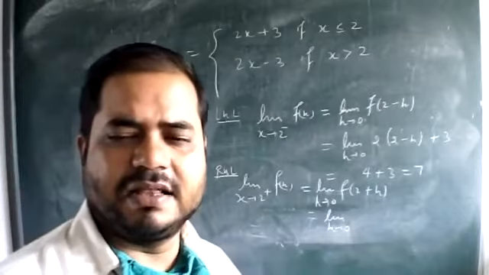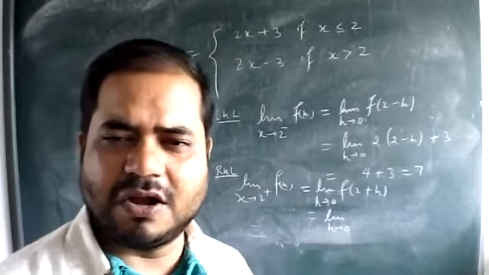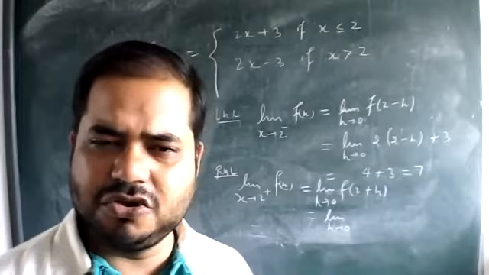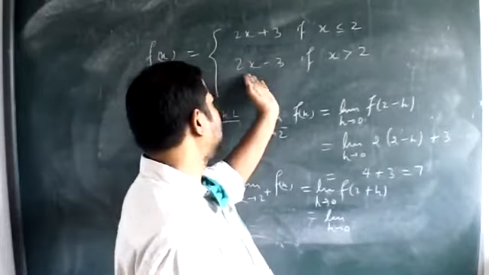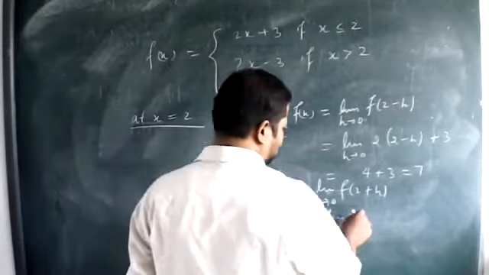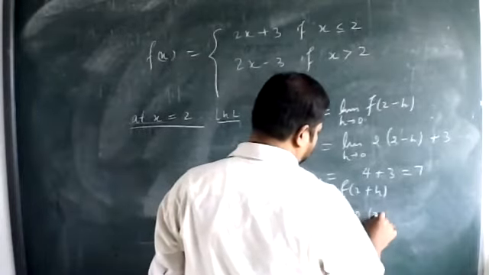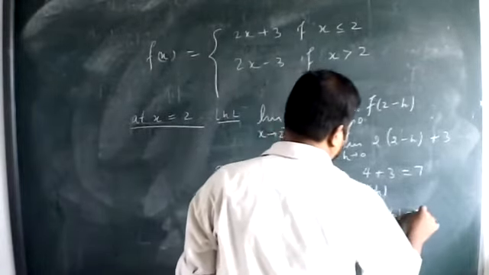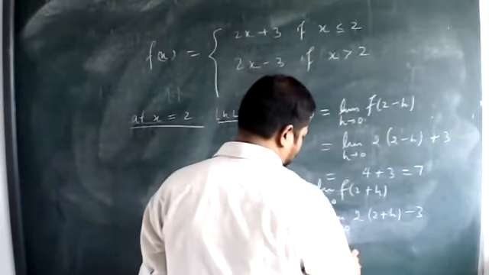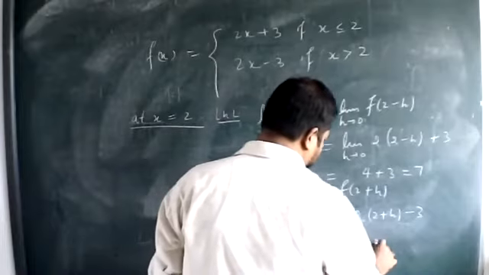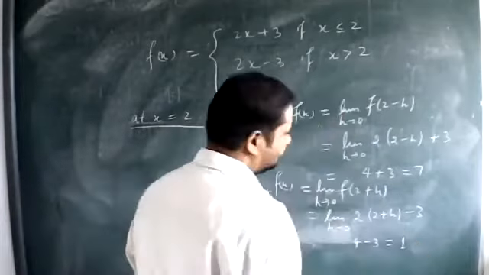As h is greater than 0, 2 plus h is a quantity which is greater than 2. And for greater than 2, the function is defined as 2x minus 3. So this is 2 times (2 plus h) minus 3. If you put h equal to 0, then this is 4 minus 3, which is 1.